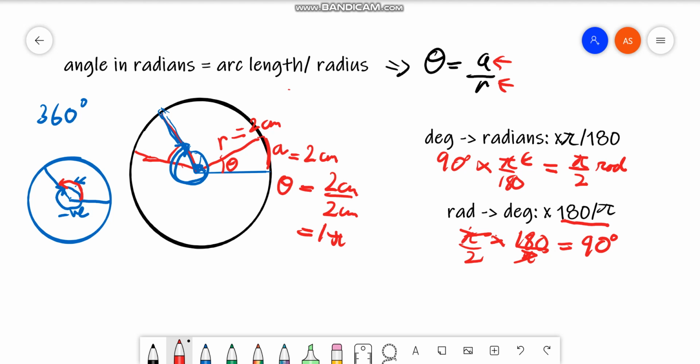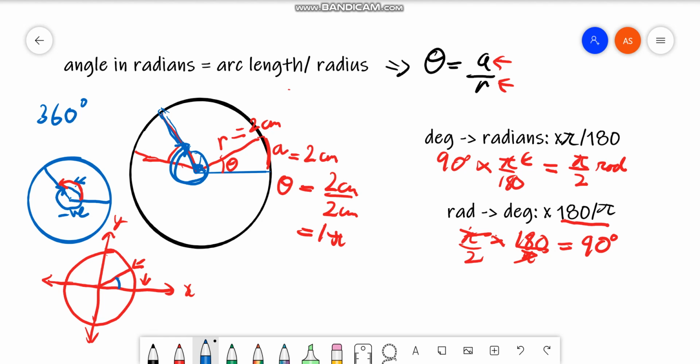Now a reference angle is basically, if you have this as the x-axis, this is the y-axis, and you have this circle, the reference angle would be the smallest angle between this arm and the x-axis.